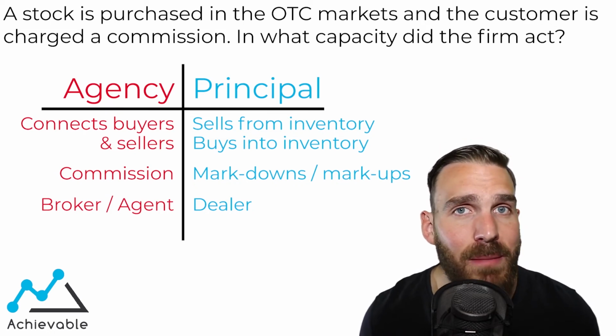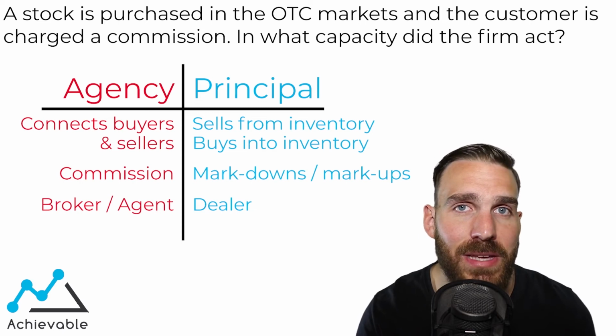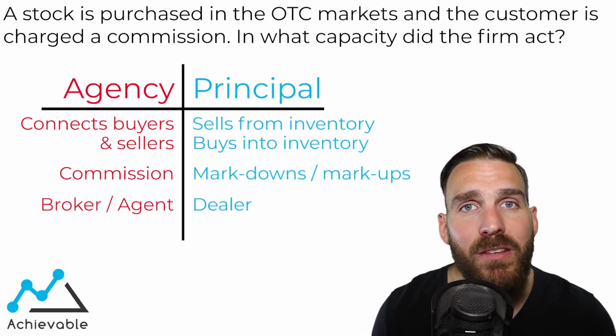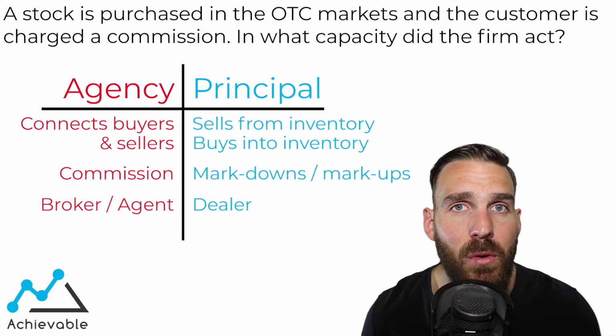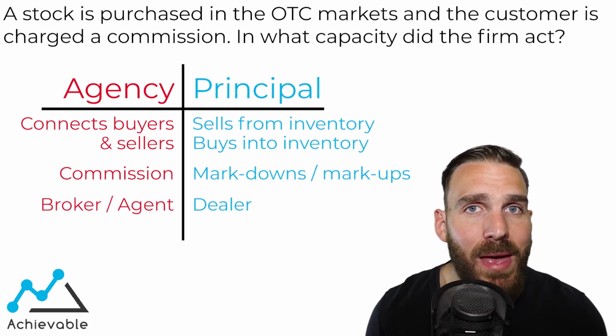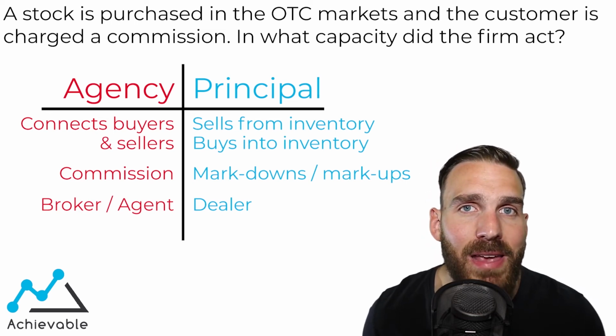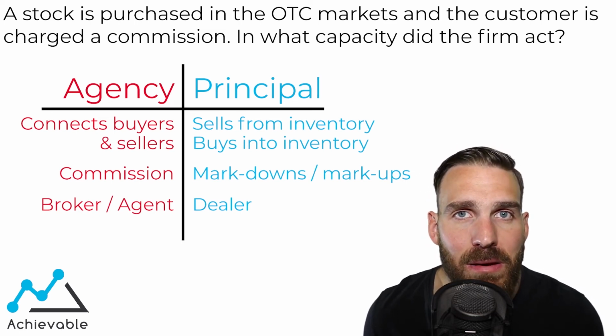They're either connecting buyers and sellers and acting in an agency capacity and earning a commission when they do so, or they are buying into or selling from their inventory and marking down prices when they buy in, marking up prices when they're selling out, and effectively that is when they're acting in a principal, also known as a dealer capacity.